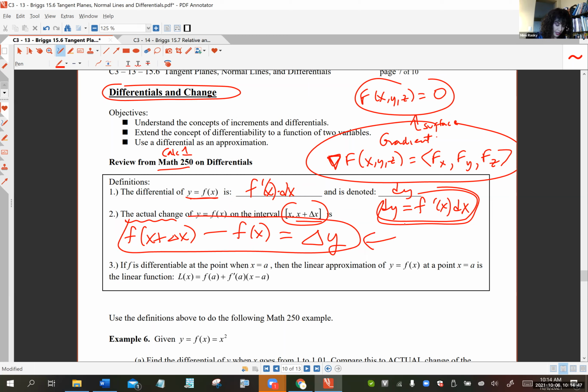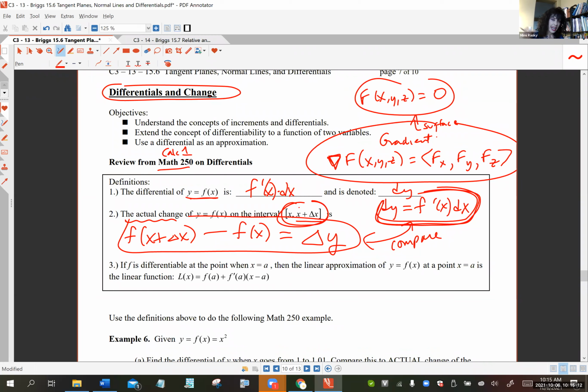And so when you compare these two quantities, they should be pretty close because usually this differential is a pretty good approximation. Now, when is it a terrible approximation? It's terrible if the interval is too large.